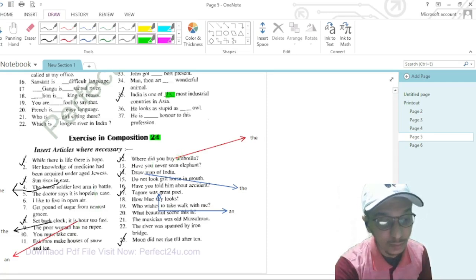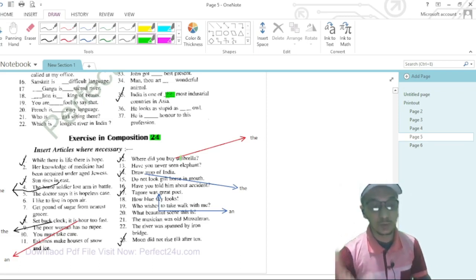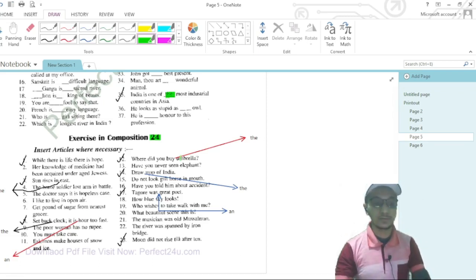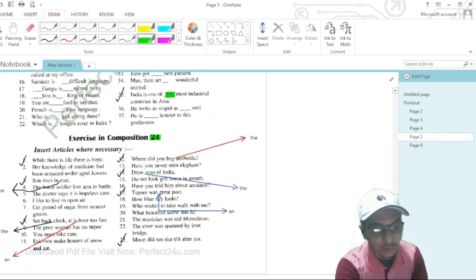Where did you buy umbrella? Insertion of the will be done in this sentence. Draw the map of India. Tagore was an great poet. Moon did not rise till after 10.